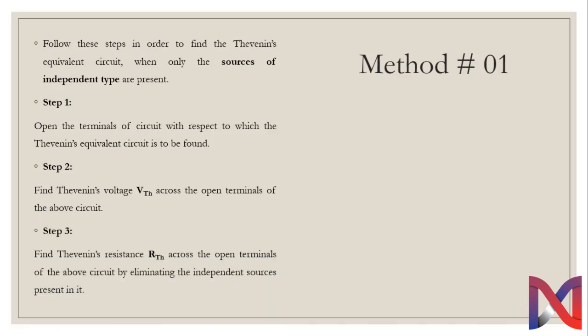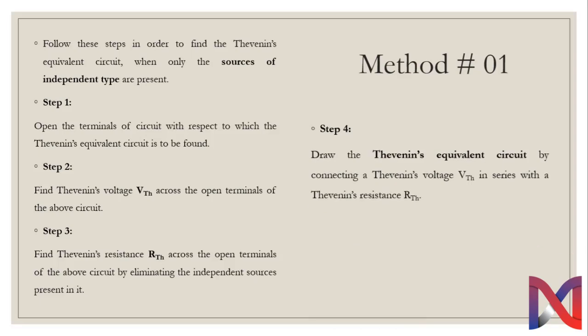Step 3 is to find Thevenin resistance RTH across the open terminals of the circuit by eliminating the independent sources present in it. Step 4 is drawing the Thevenin's equivalent circuit by connecting a Thevenin's voltage VTH in series with a Thevenin's resistance RTH. Now we can easily find the response in an element that lies to the right side of the Thevenin's equivalent circuit, which is usually the load.